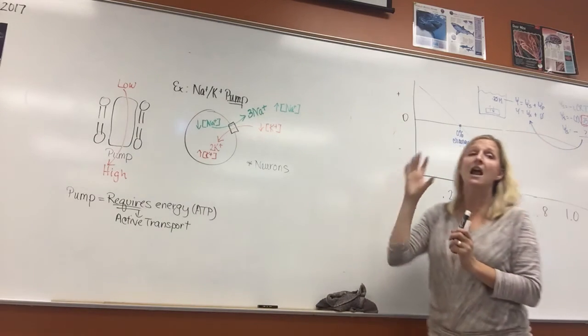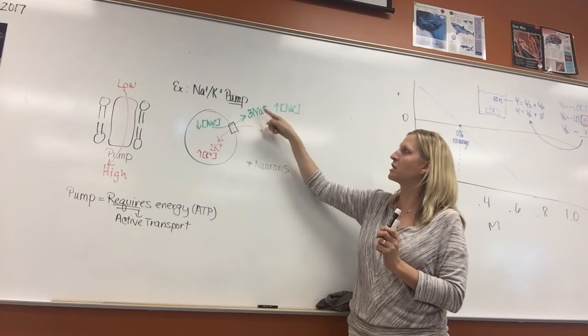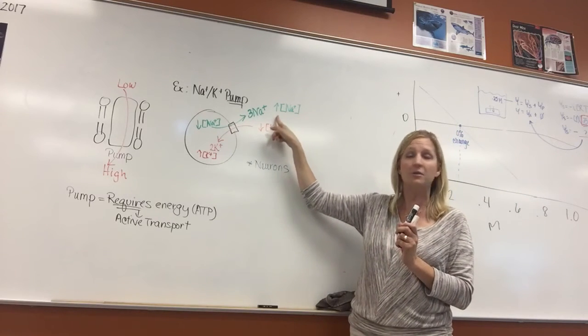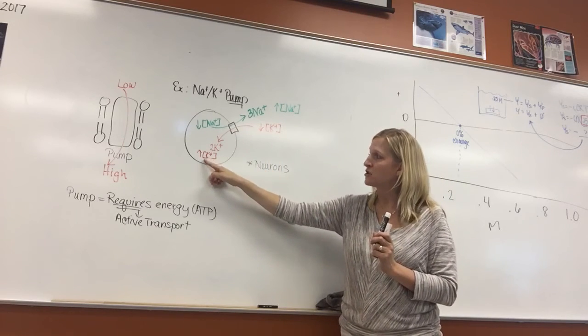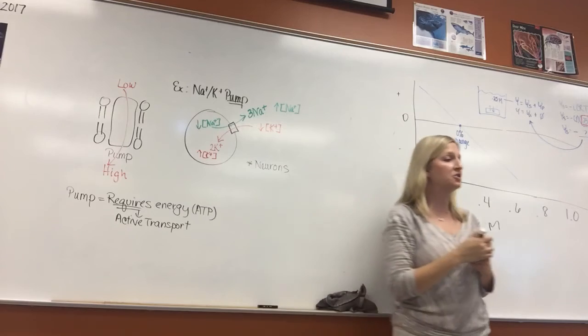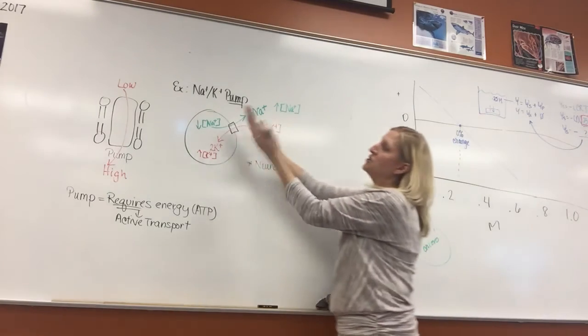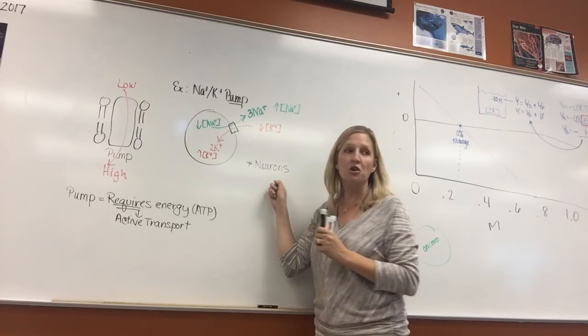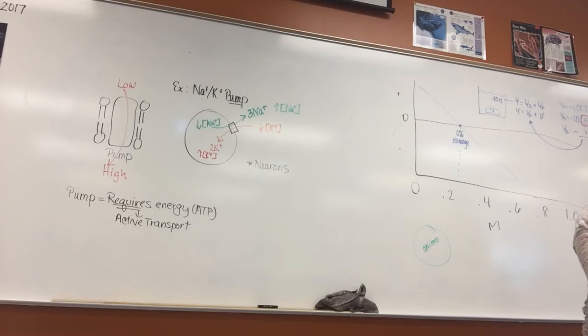So therefore, it's worth it for the cell to expend energy to pump the sodiums out, to always have a high sodium concentration on the outside, and pump potassiums in, so you have a really high potassium concentration on the inside. If those ions reached equilibrium, the neurons would not be able to function, and if the neurons aren't functioning, then they're what stimulate our muscles to contract, and so on, and so organisms would die.